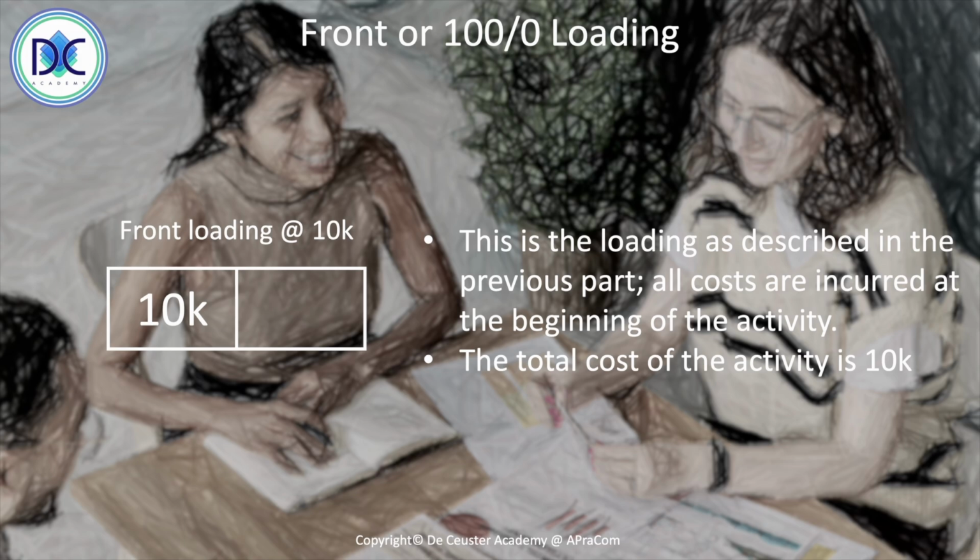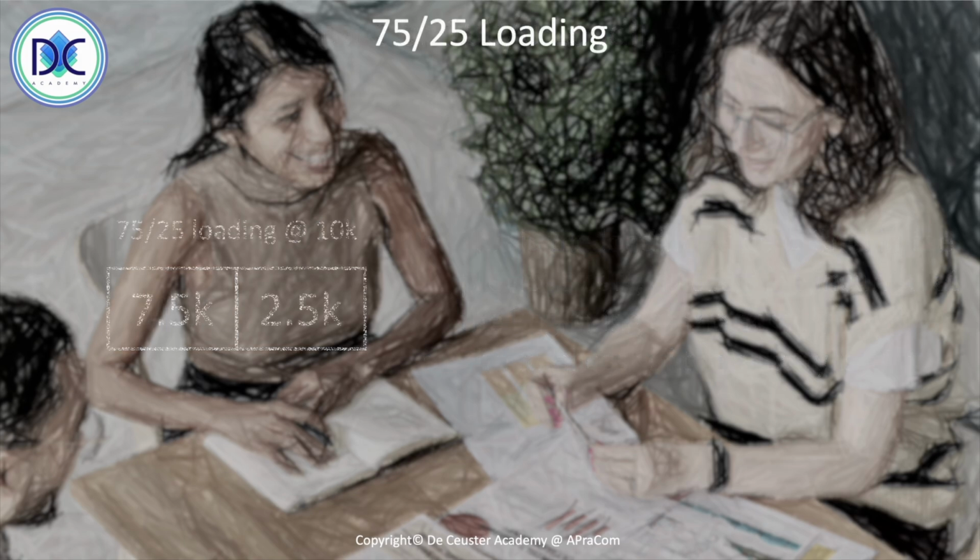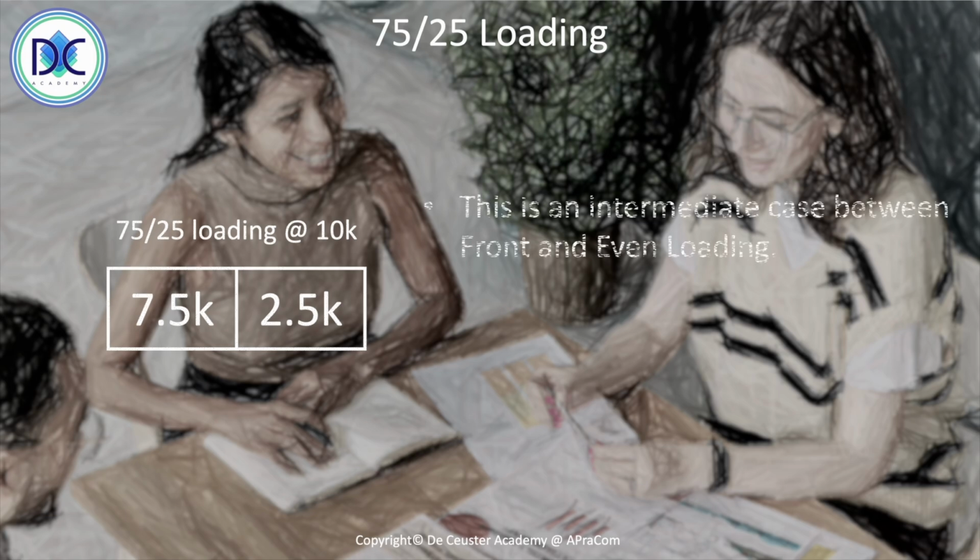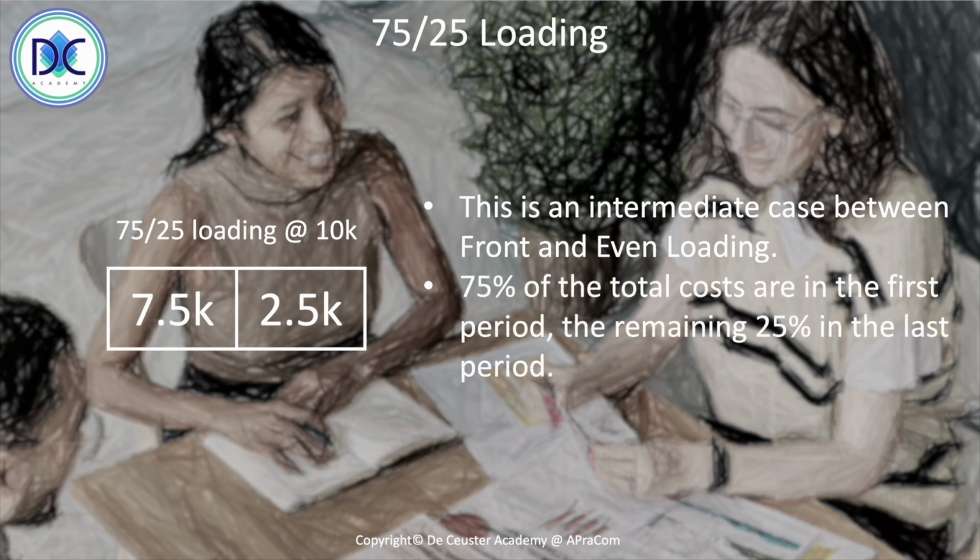An intermediate way of loading is the 75-25 loading method, and it's between front and even loading. We put 75% of the total costs in the first period and the remaining 25% in the last period. And here also the total cost of the activity is equal to 10K.